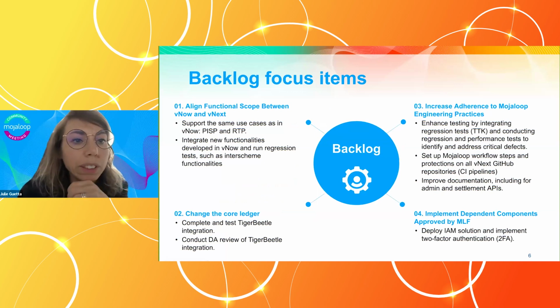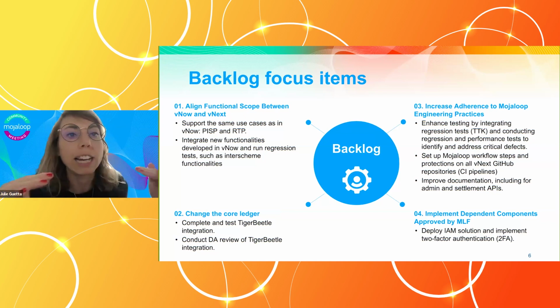Okay, so as I mentioned, now we have a prioritized backlog. There are a few items at the top of the backlog because they are high priority. The first one is we need to make sure that vNow and vNext are functionally aligned, because as James mentioned earlier, the business scope or the feature set of vNow and vNext must be identical.